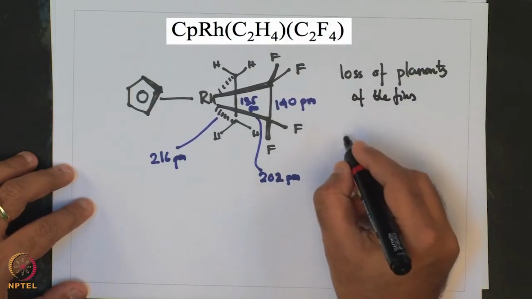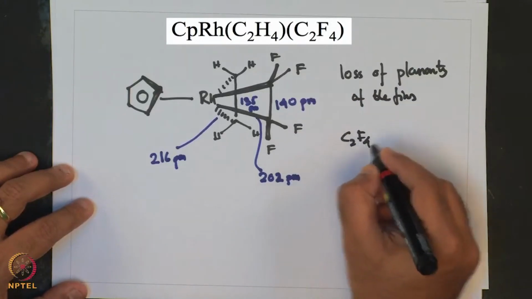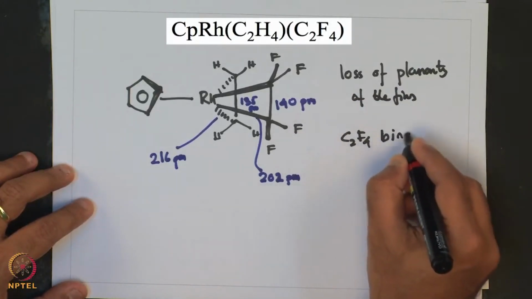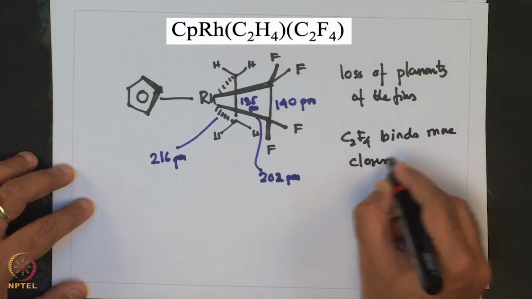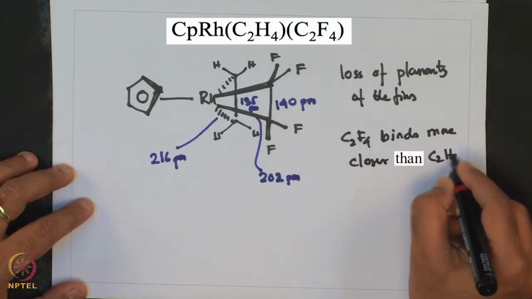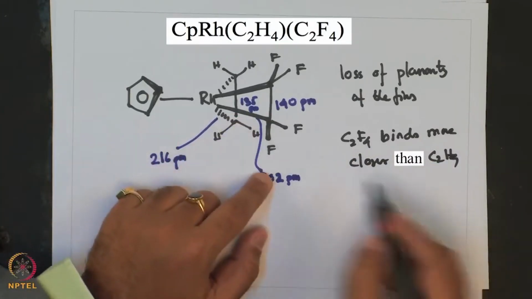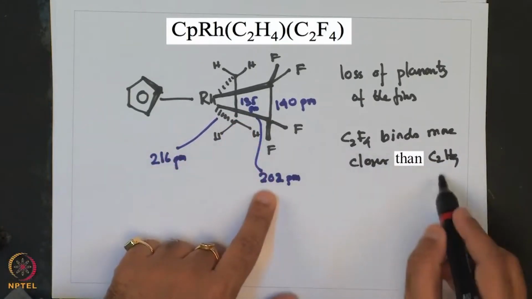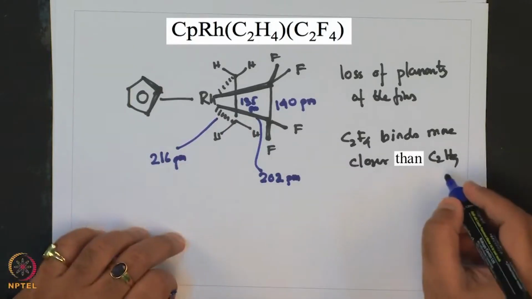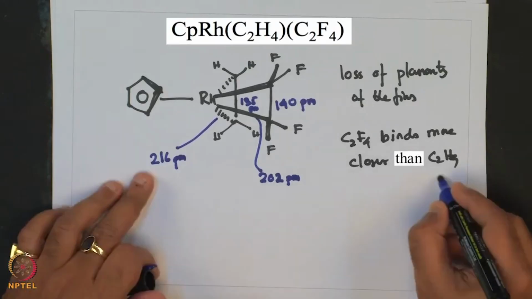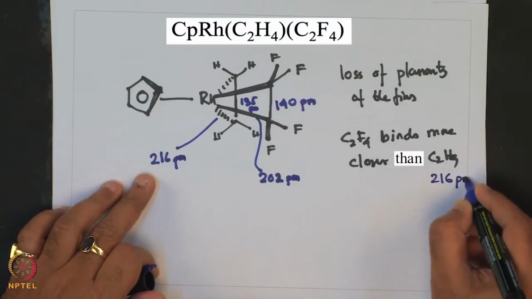and C2F4 binds more closer than C2H4. C2F4 distance is 202 picometer and C2H4 from rhodium is about 216 picometer.